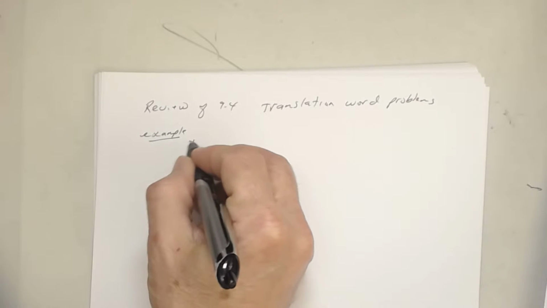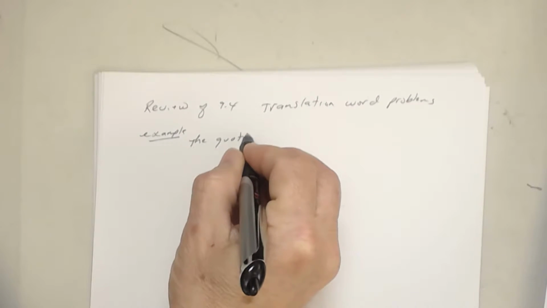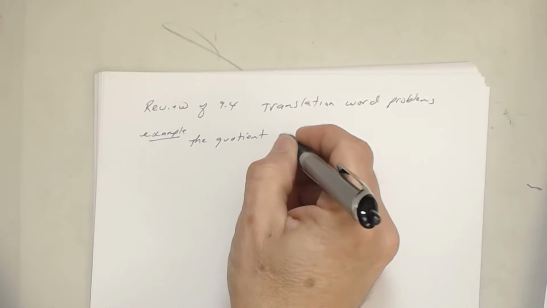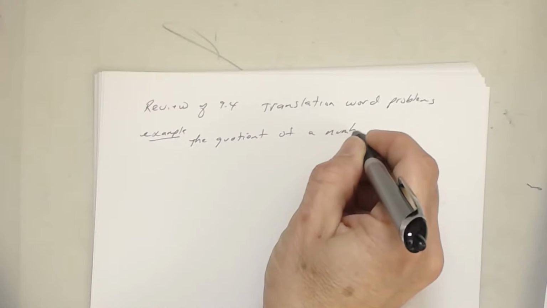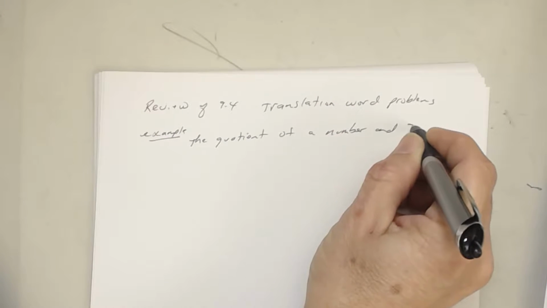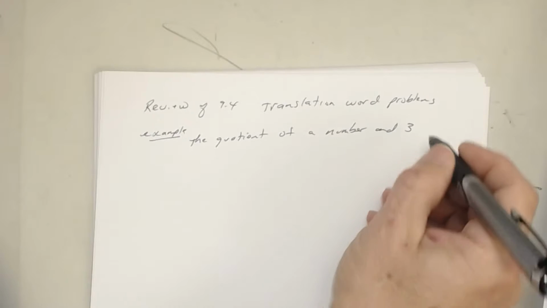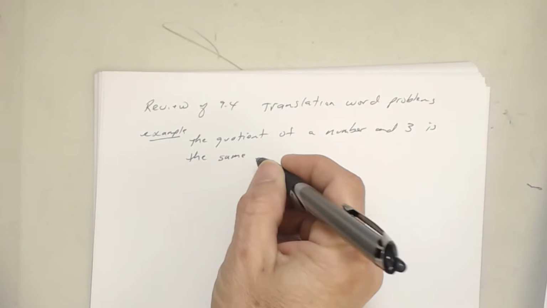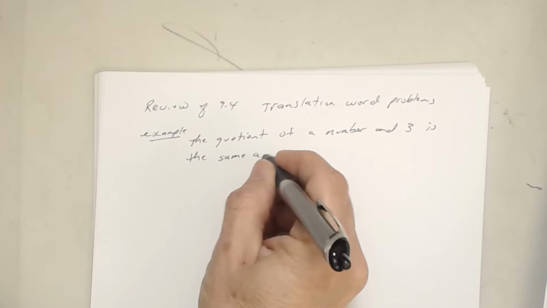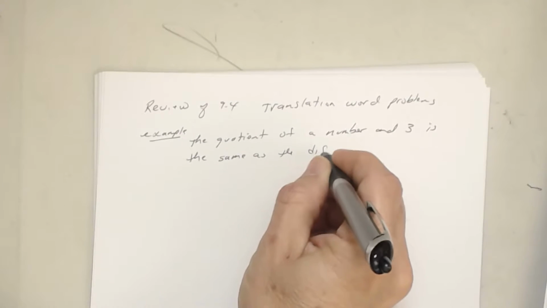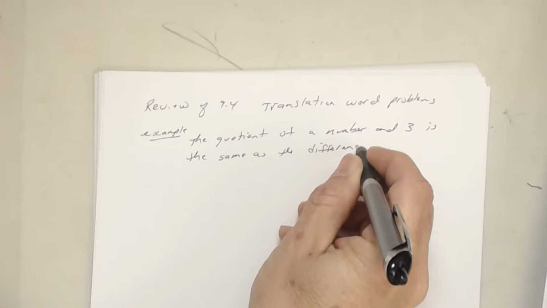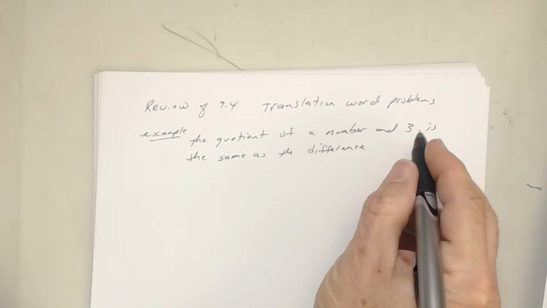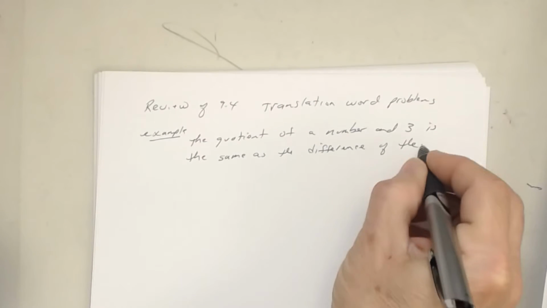It says the quotient of a number and 3 is the same as the difference of the number and 2.